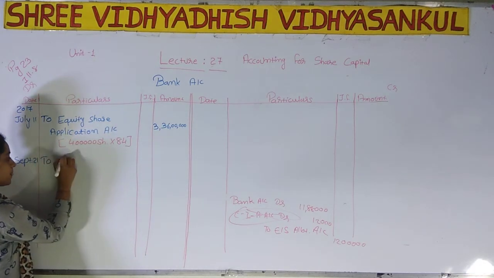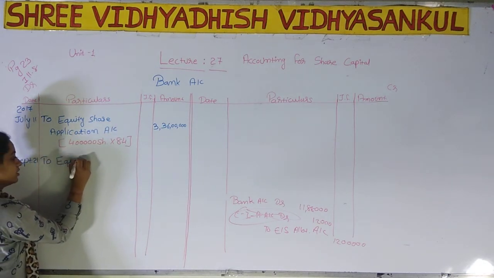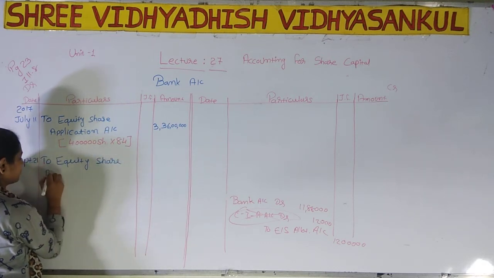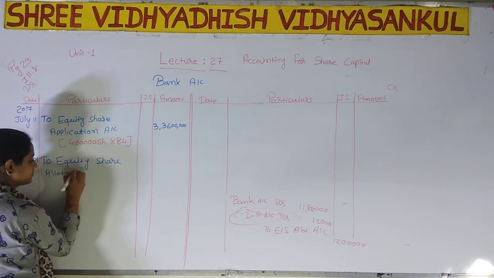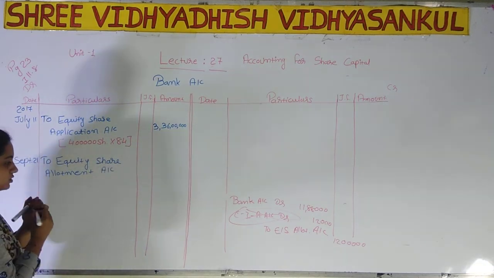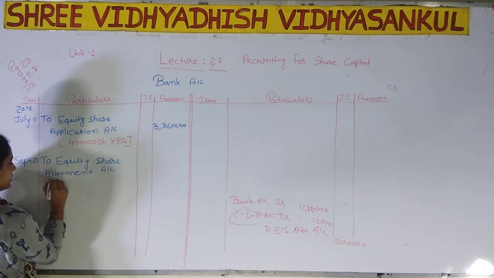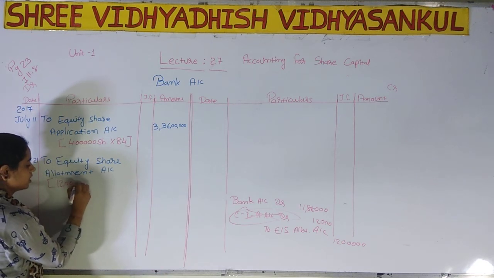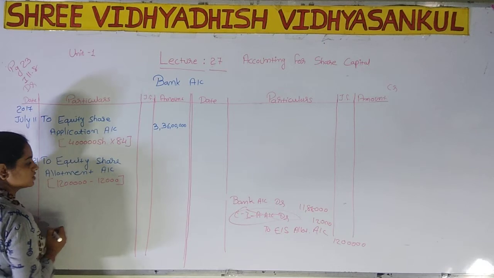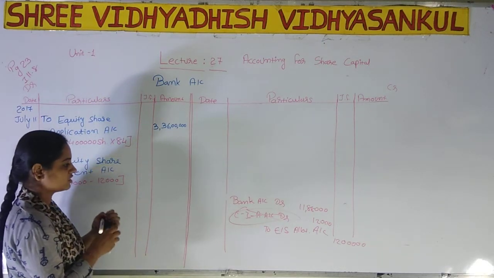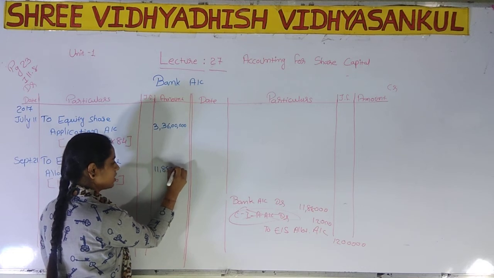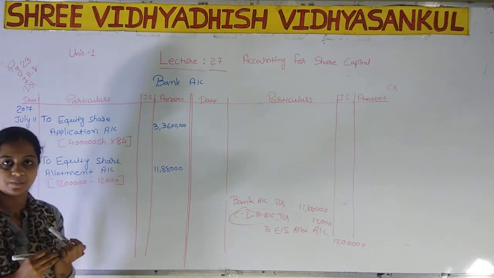So to equity share allotment account. How will we write the amount? Total we have demanded 12 lakh. Out of 12 lakh we have not received 12,000 rupees. That means total we have received on allotment 11,88,000 rupees. Clear?